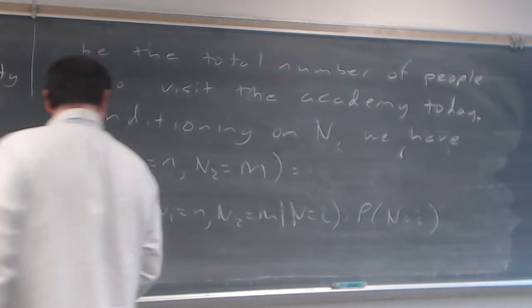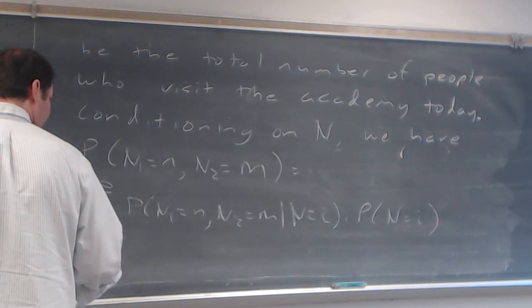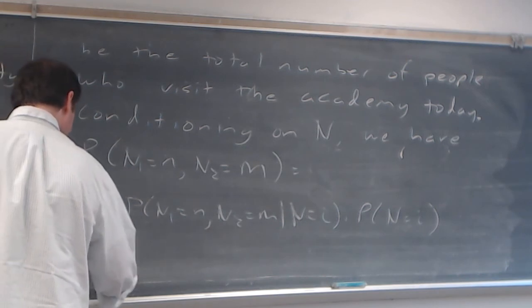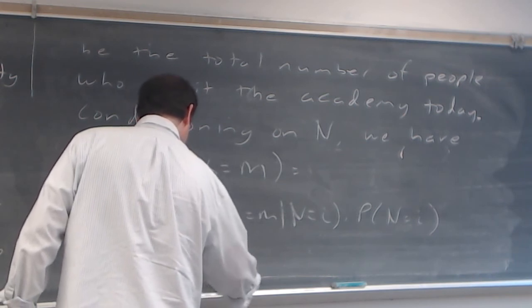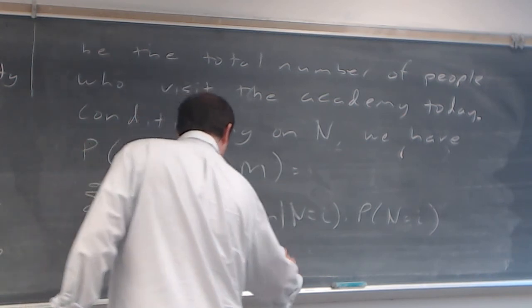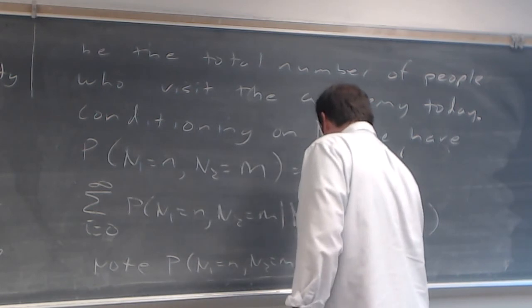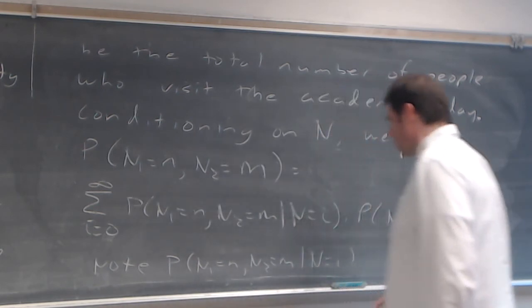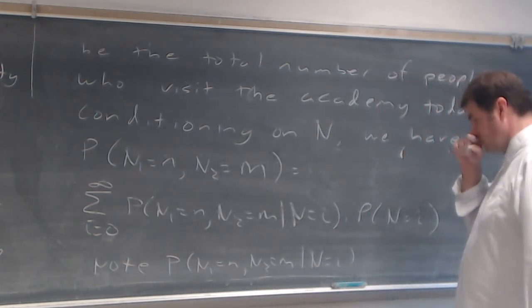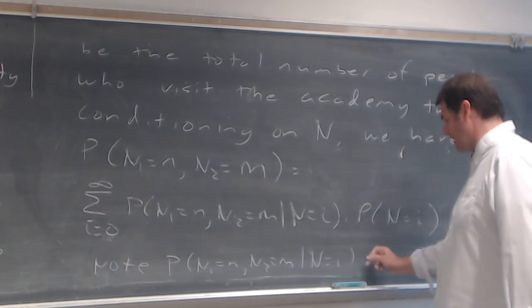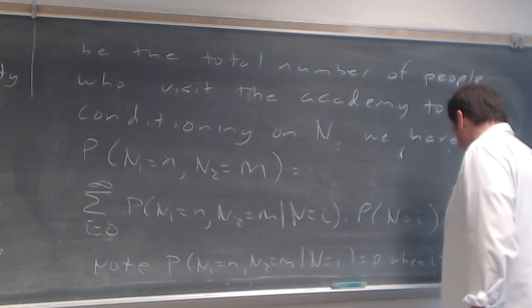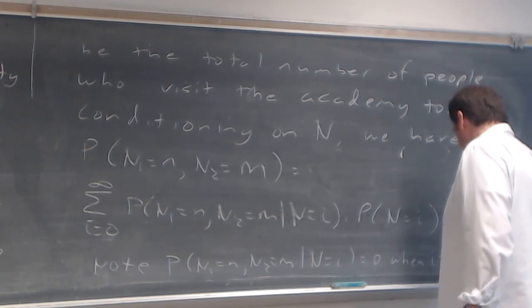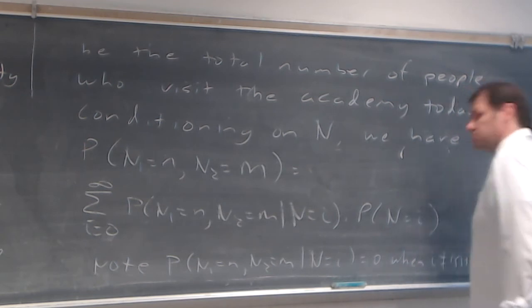And then here, note that the probability that n sub 1 equals n and n sub 2 equals m, given that n equals i, well, look, the chance of this happening is going to be 0 when i is not equal to m plus n.